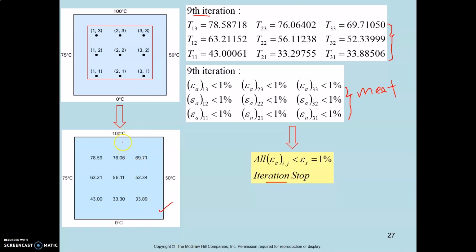If you check here, since the temperature here is hot, the temperature at the points nearby should be high as well, compared to the one at the bottom. So this trend makes sense. And the temperature here, 75, is higher than 50 degrees Celsius here, so on the left it should be higher than the right. This trend is okay as well. So our solution is reasonable.